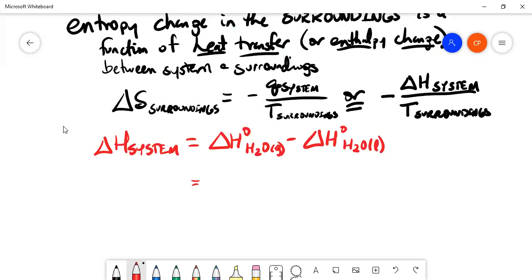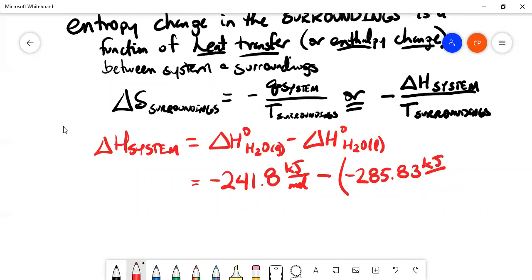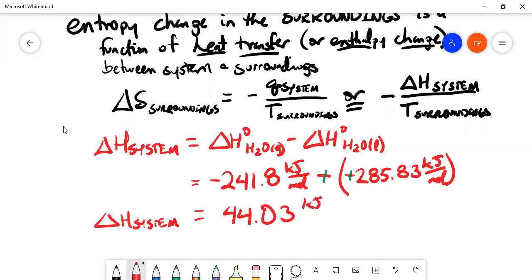And again, the delta H for gaseous water was negative 241.8 kilojoules per mole. And then the delta H for liquid water was negative 285.83 kilojoules per mole. Negative of a negative is positive. 285.83 minus 241.8. That's color consistency. That's going to be equal to 44.03 kilojoules per mole.